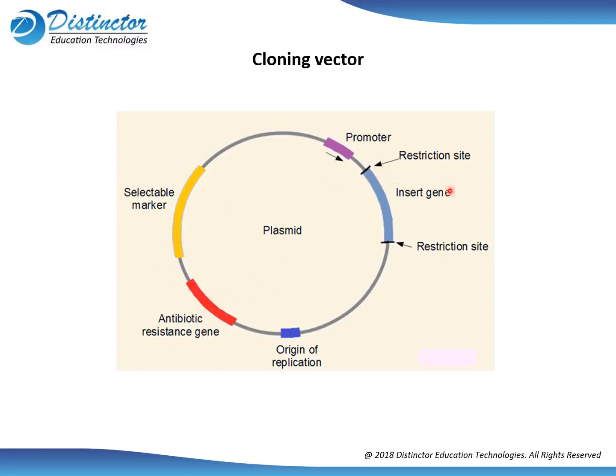The restriction site is the site used to cut the plasmid with the help of a restriction enzyme. Then what does the promoter mean? It is where the cycle starts during the replication process.